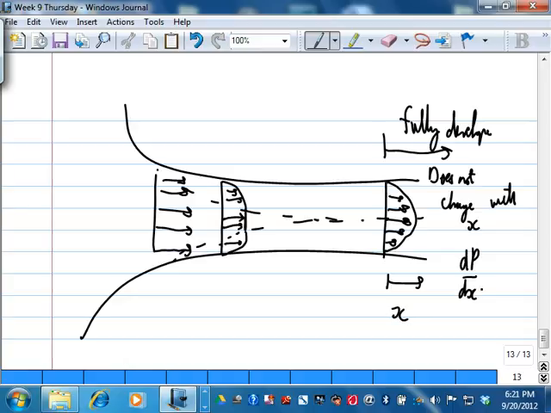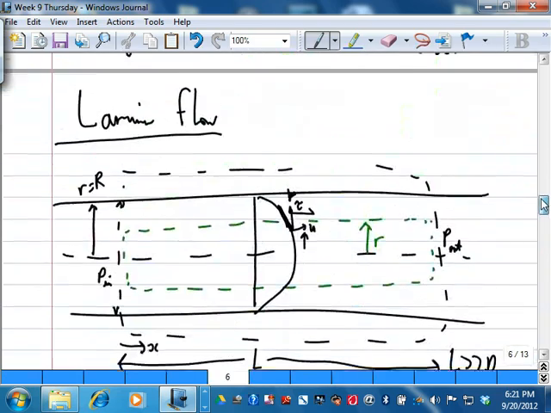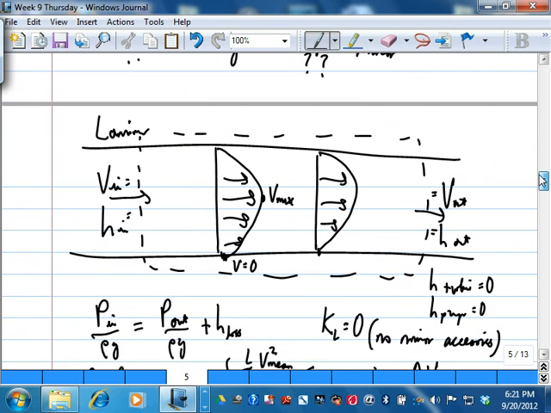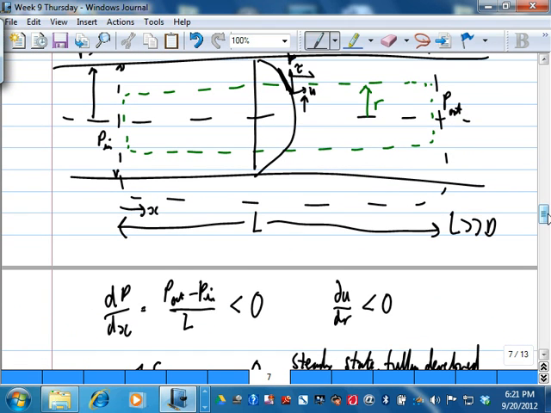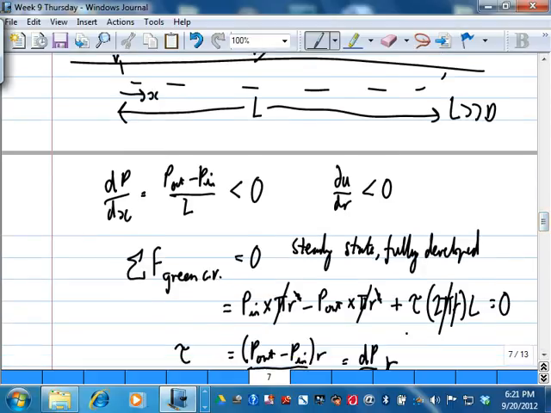So the pressure drop is really due to, well, we looked earlier, way back. If you feel the pressure drop is due to, I forgot where it is. The pressure drop is really due to this shear stress.